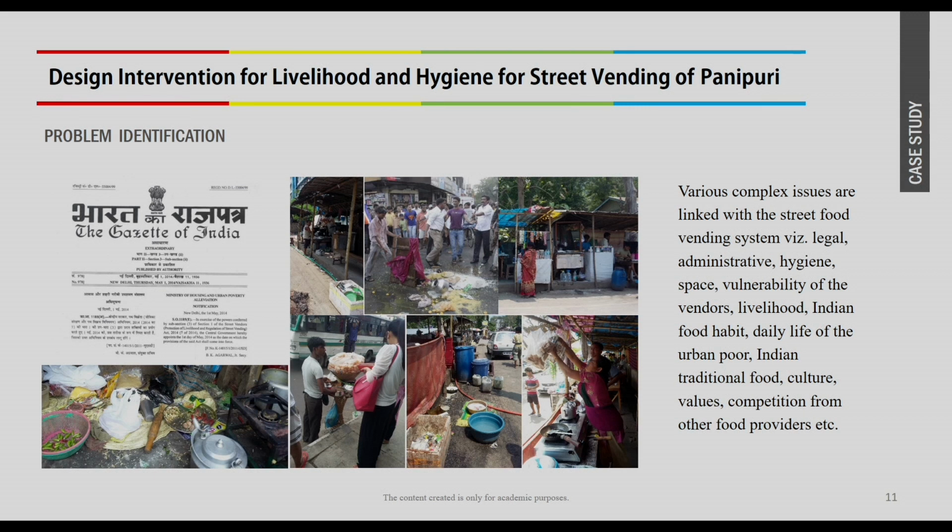So, that was the background, and then we studied the user. We tried to figure out what is the actual problem. We went to the actual scenario and did focus group technique, and through interviews we figured out different issues related to street food vending.